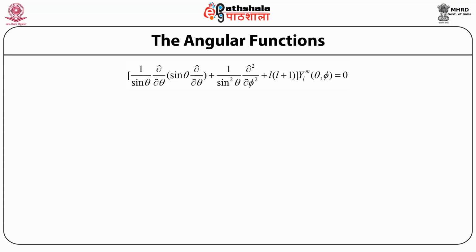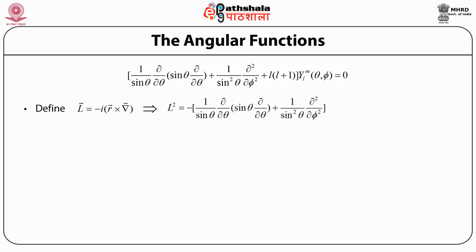So we define the differential operator L equals -i r cross ∇. Then in quantum mechanics, orbital angular momentum is ħL.